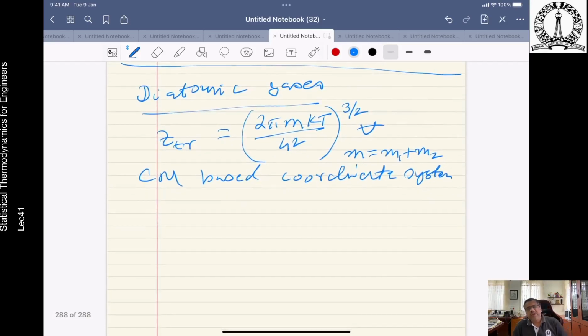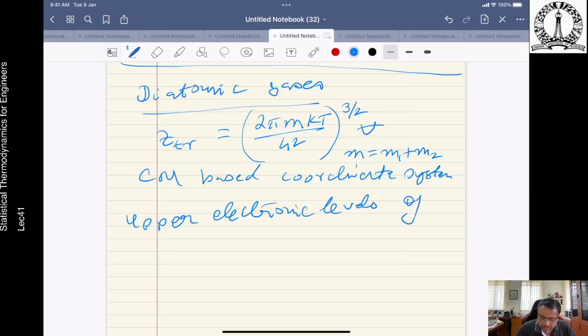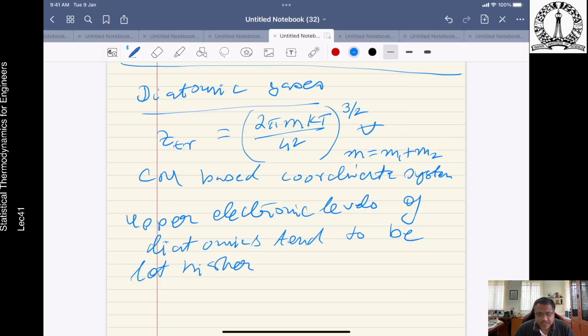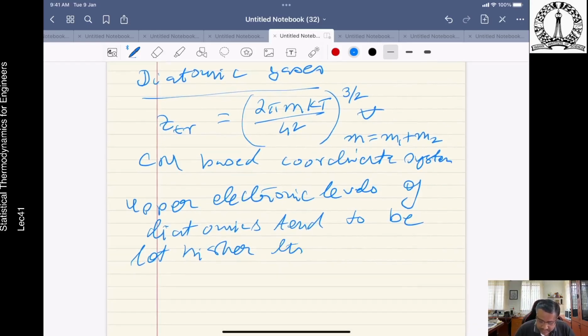For the electronic mode, we observe the upper energy levels of diatomics tend to be substantially higher than the ground electronic level.